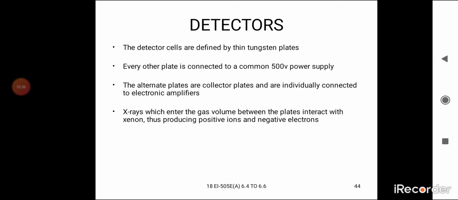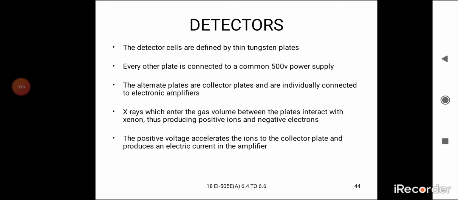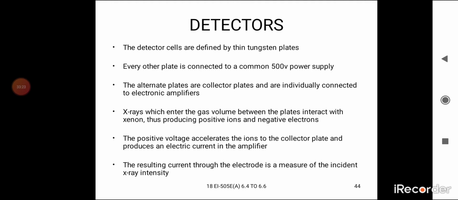X-rays which enter the gas volume between the plates interact with the xenon, producing positive ions and negative electrons. The voltage accelerates the ions to the collector plate and produces an electric current in the amplifier. The resulting current through the electrode is a measure of incident X-ray intensity.